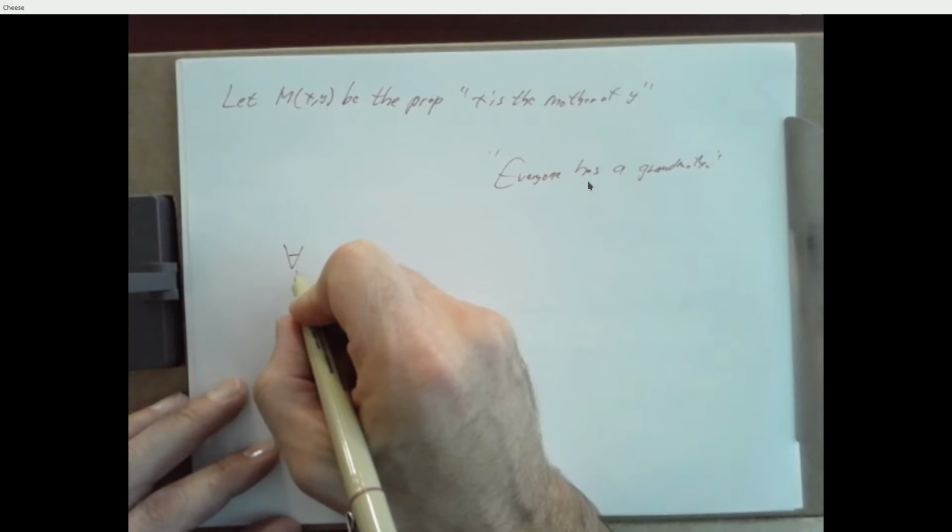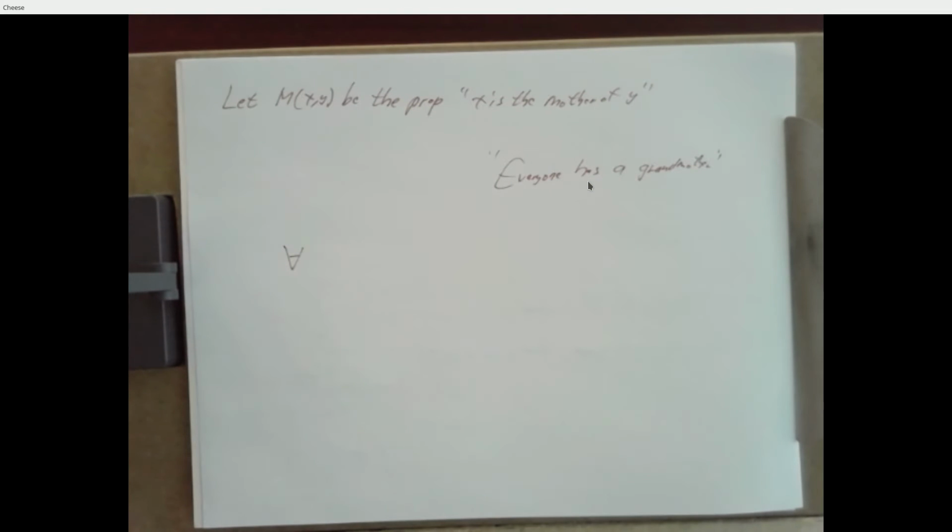For all x of M of x, y, there exists an x. So how would we put it in words? Forget propositional calculus for a moment. How do we just describe in words that everybody has a mother? For all people, there exists a person who is their mother, right?